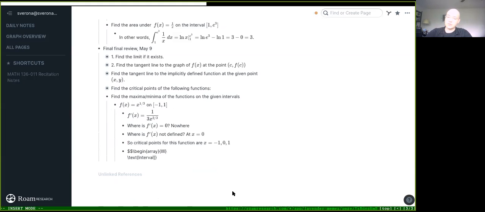I'm doing first derivative test here. I'm going to have a column for my test value. I'm going to have a column for the sign of the derivative. And I'm also going to have a column about what I conclude about the function. Is it increasing or decreasing?